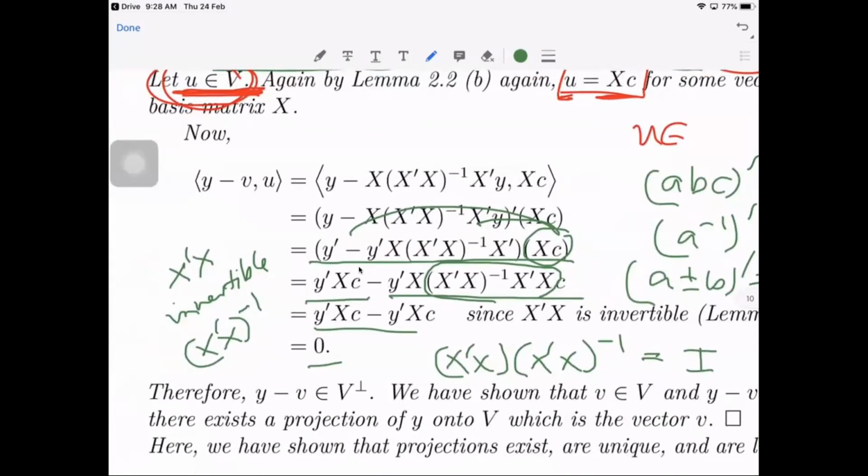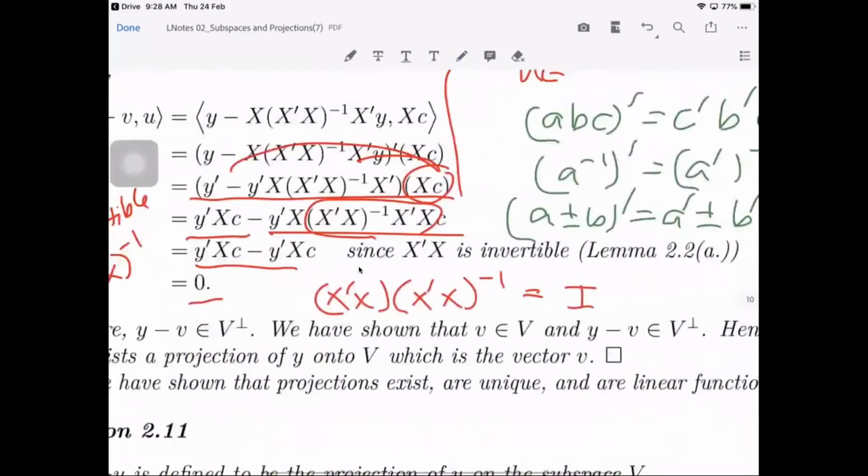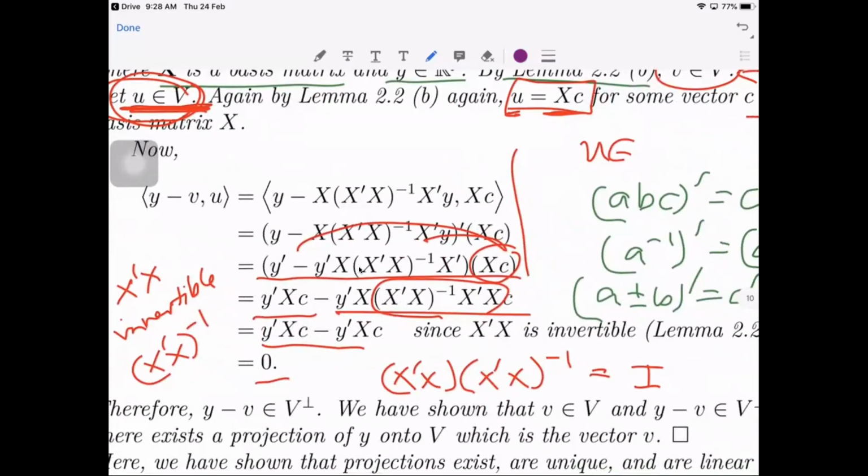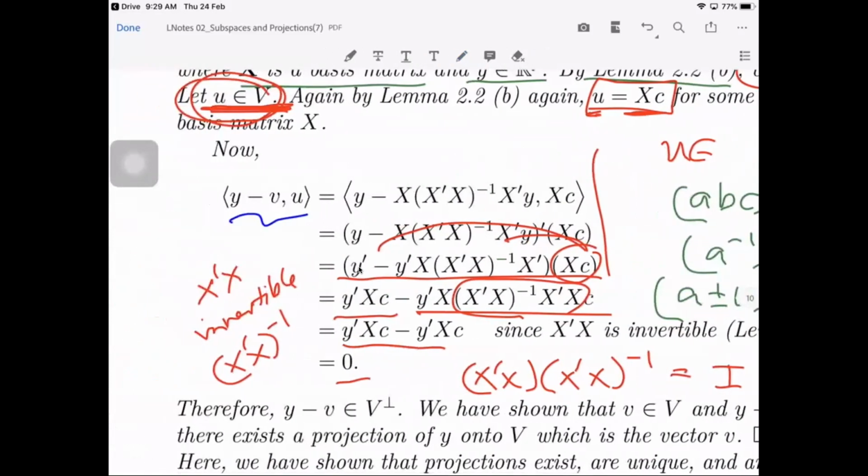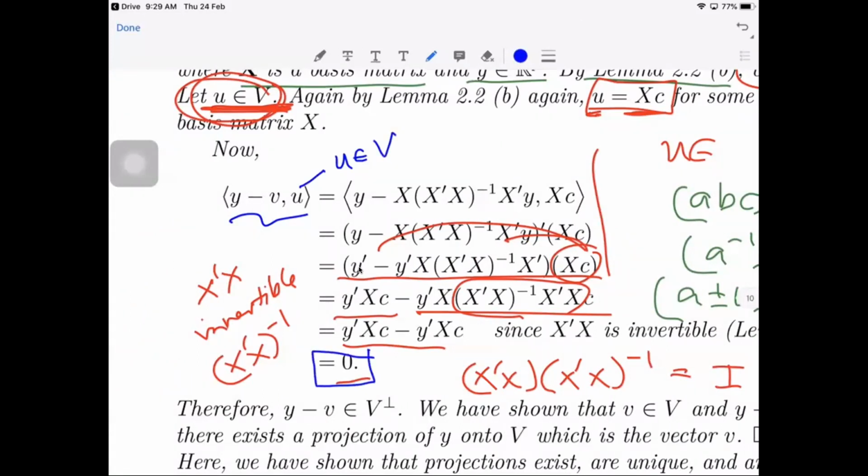When we get the inner product of this, and we know that U is in B and the inner product is 0, this will imply that U minus B is in B perp.